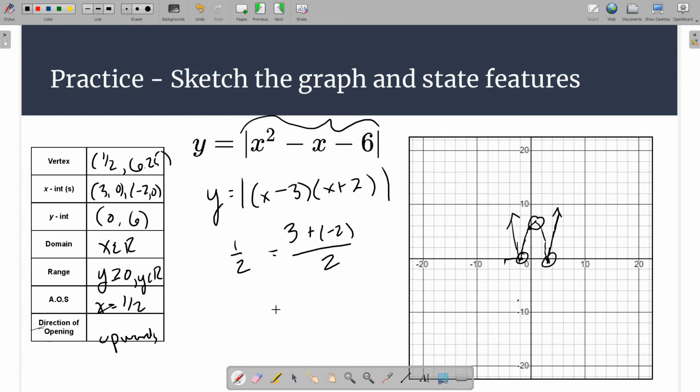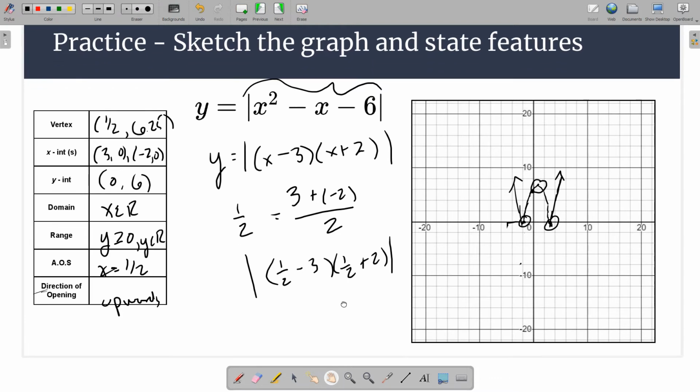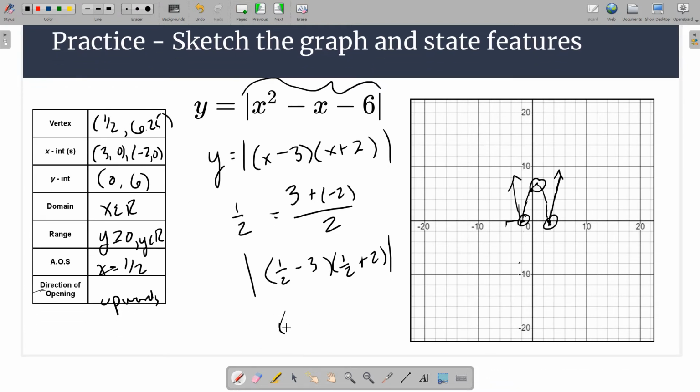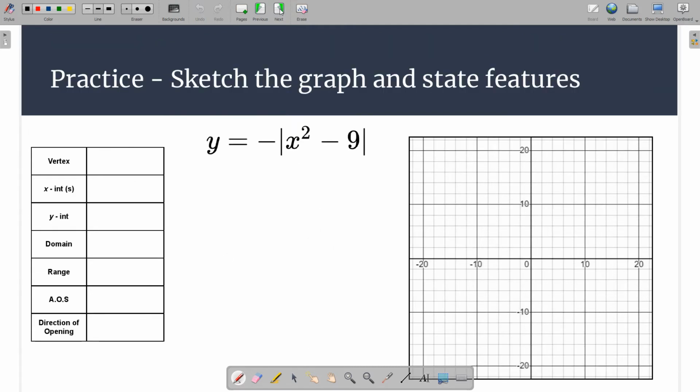I'll do a quick check here. So we'll do 1/2 minus 3 times 1/2 plus 2, and then absolute value all that. So what does that give me? That's going to give me 2.5 times 2.5, which gives me 6.25. Huzzah! Look at that. All right, let's do another one.